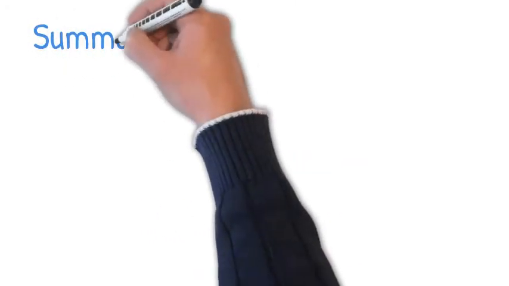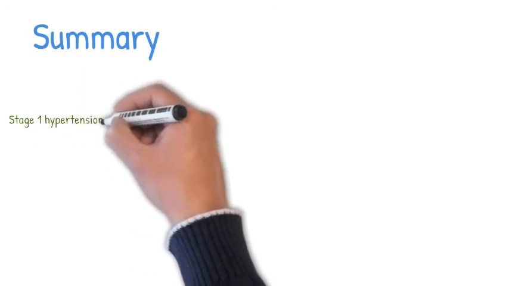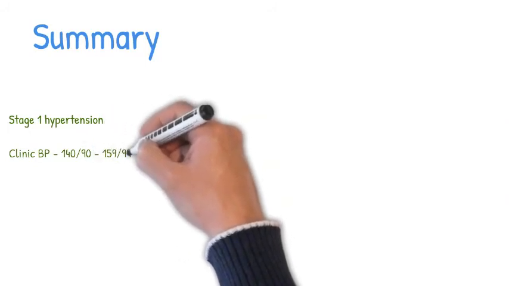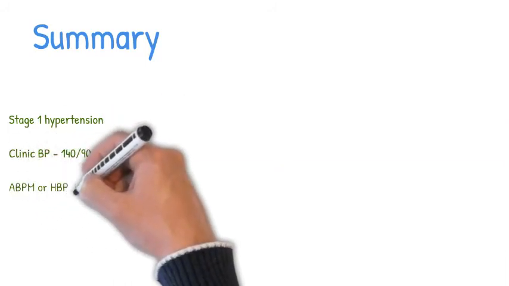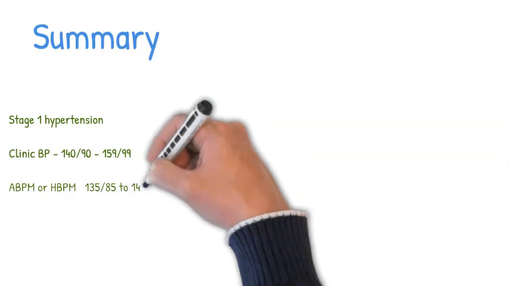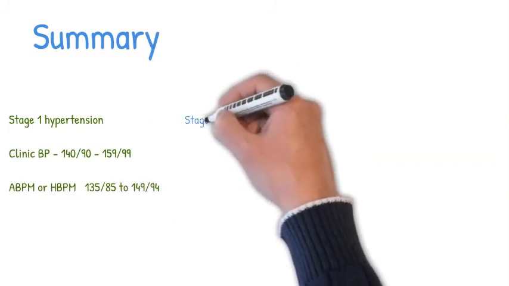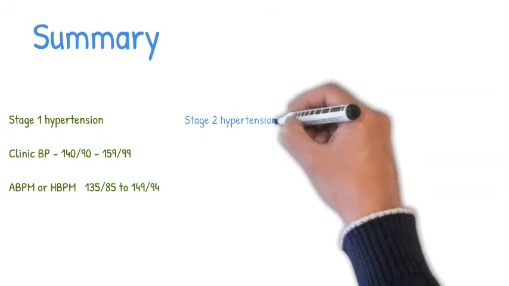So finally, stage 1 hypertension is defined as a clinic blood pressure of between 140/90 and 159/99, or looking at an ambulatory blood pressure monitor or a home blood pressure monitor between 135/85 and 149/94.